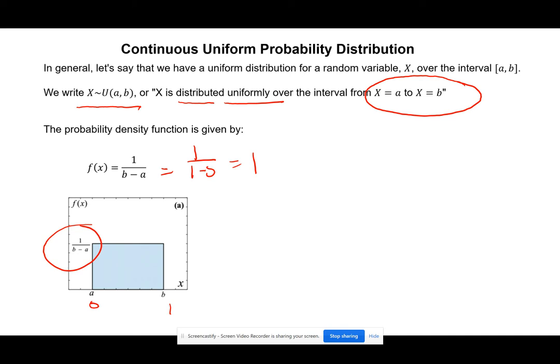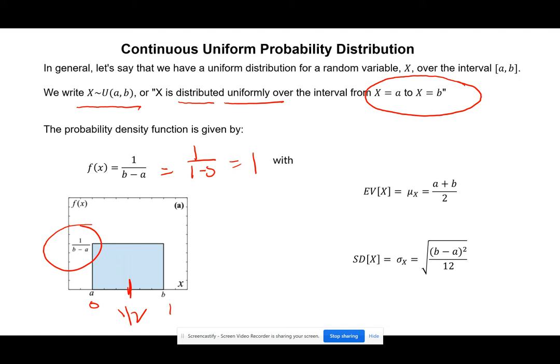Just like we had mean and standard deviation of other random variables, we can do that here as well. So the expected value or long run average of a continuous uniform probability distribution is just the min plus the max divided by 2. So if we think about our random number generator, 1 plus 0 is 1, divided by 2 is a half, and that would make a lot of sense in this case, that the average value is a half.